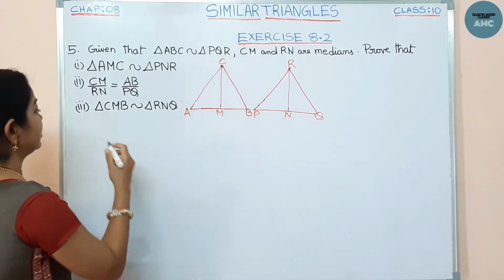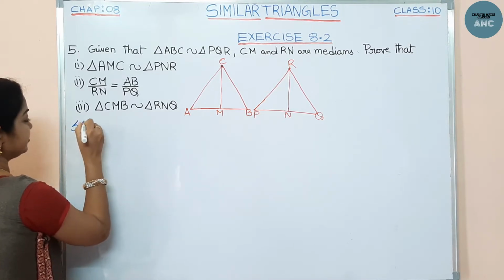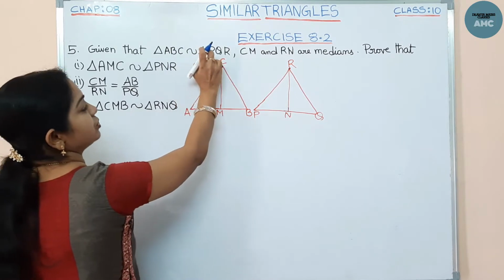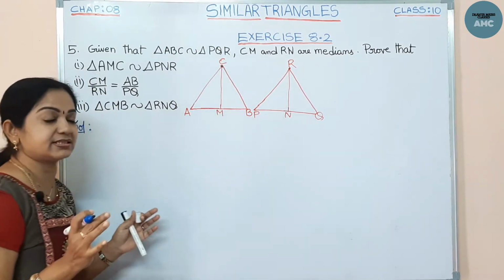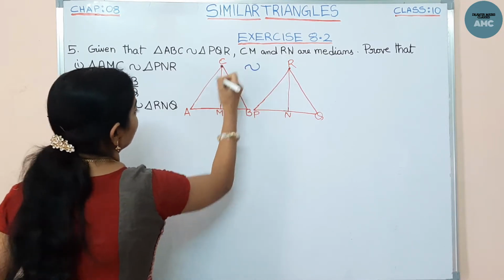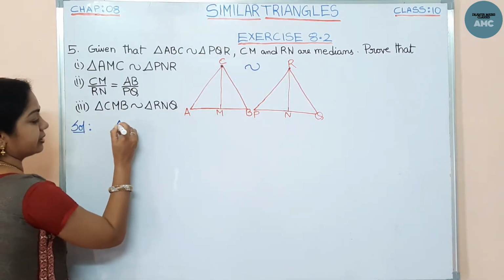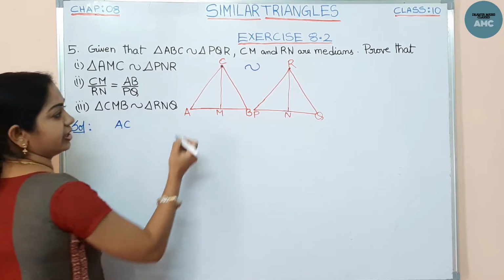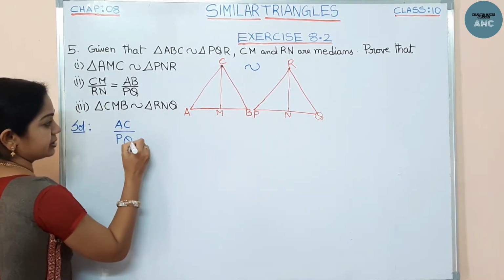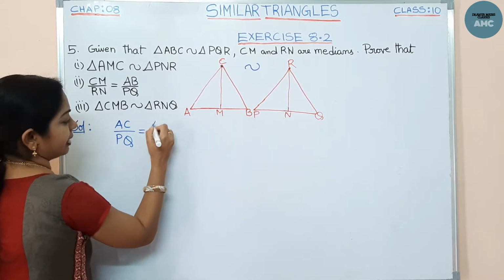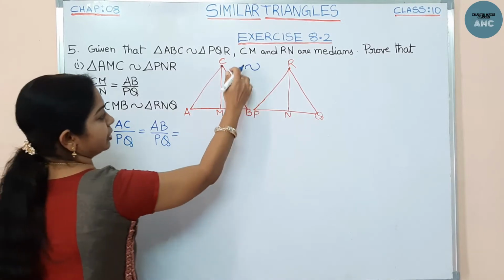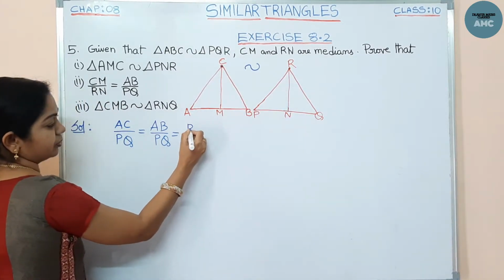Now let's get started with the first part here. Given in the problem is that these two are similar triangles, the bigger triangles. So then I can equate the corresponding ratios, that is AC by PR is equal to AB by PQ is equal to BC by RQ.